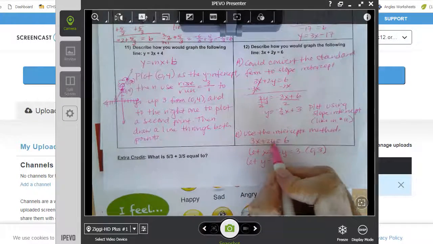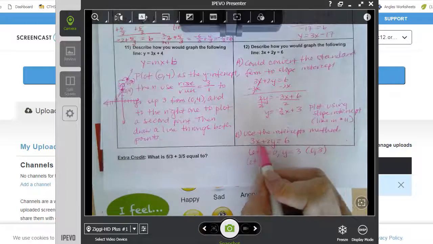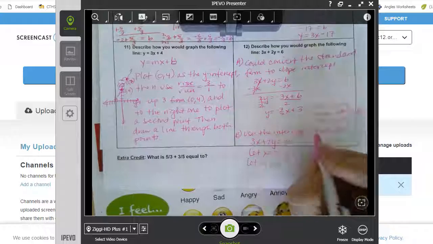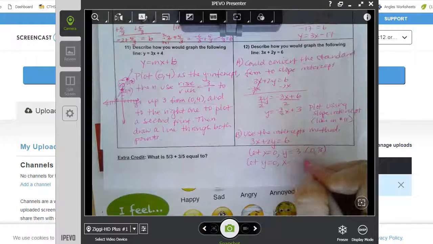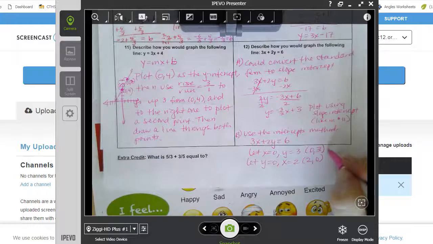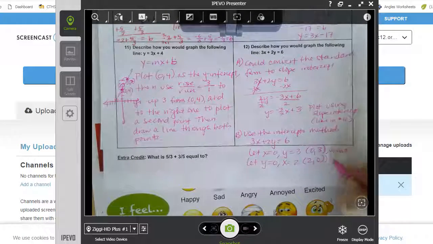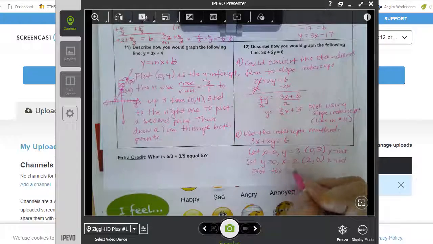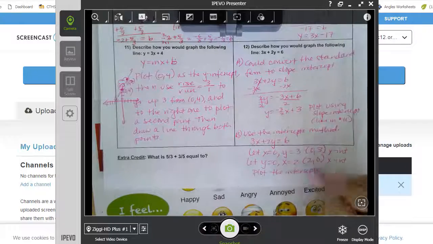When y is 0, this becomes 0, and we're left with 3x equals 6. 3 times what equals 6? Well, 3 times 2. There's another point. You've got the y-intercept. You've got the x-intercept. Tell me how you would plot the intercepts and connect with a line.